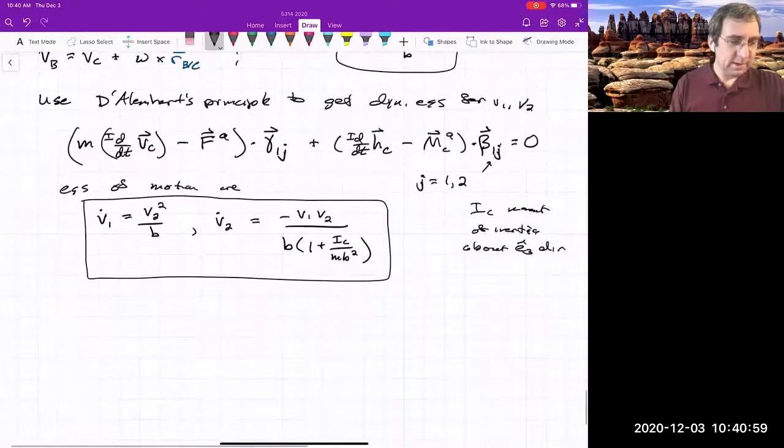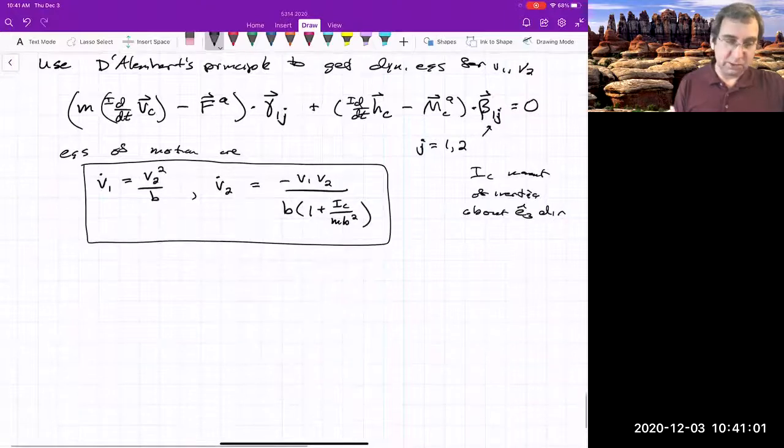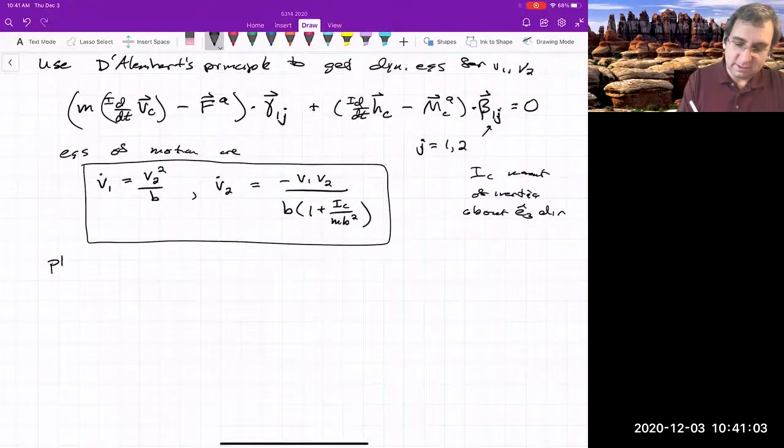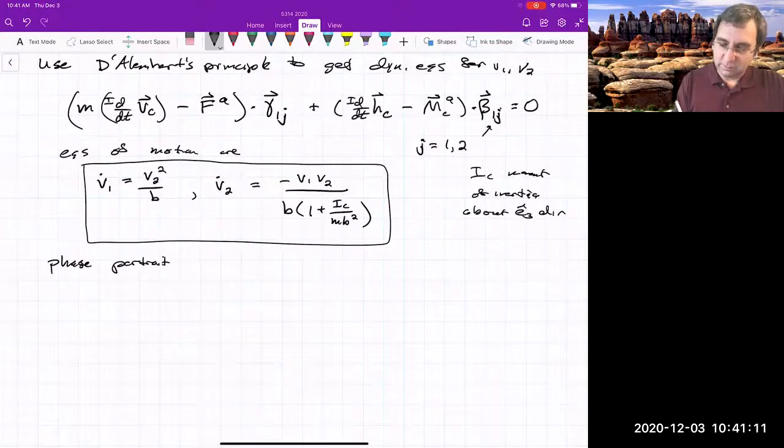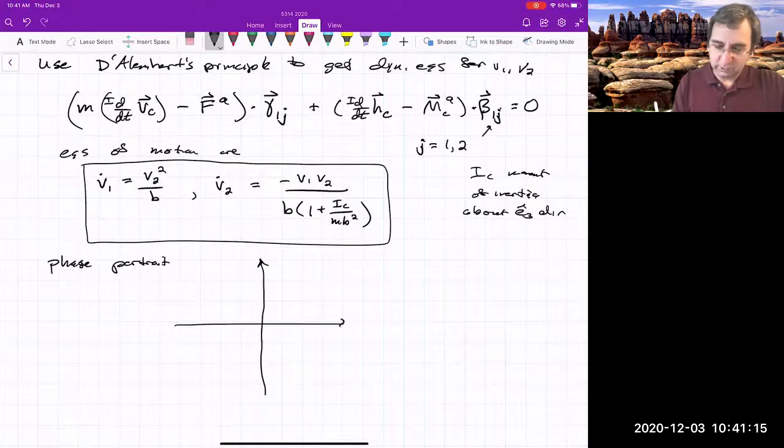You could actually make a phase portrait in these V variables, and it'll give you something like this. So here's the V1 direction and the V2 direction.